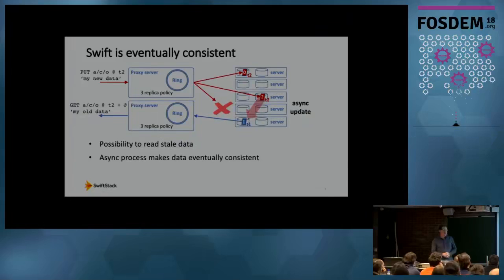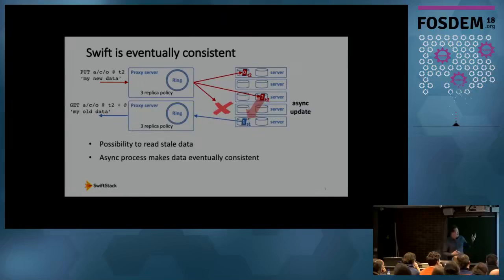So this is a very different property of Swift and other object stores when compared to a file system or a block storage service. With a file system, we expect that when we've written data, when we next read it, we'll get back the data that we last wrote. That's a contract that we're very used to. And I emphasize this point because Swift does have a different contract with regard to data consistency, and we refer to it as eventual consistency.